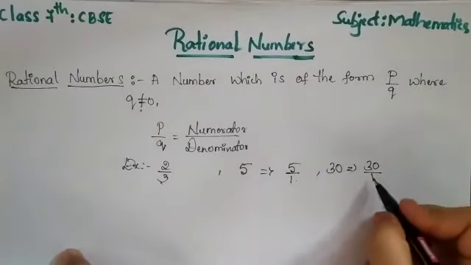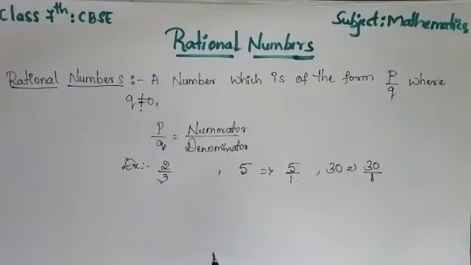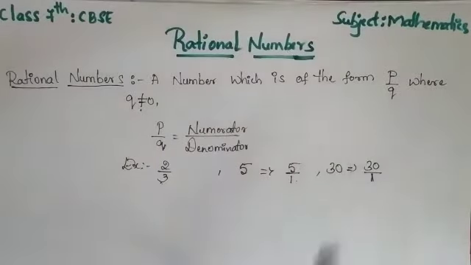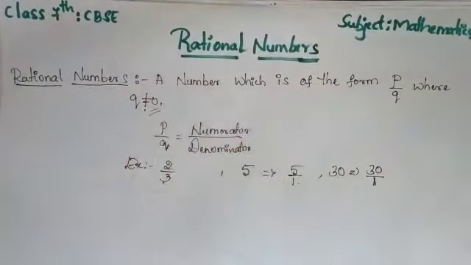So even a single number with only a numerator is a rational number, because I can represent it as that number divided by 1. The only condition is that the denominator q should not be equal to 0.